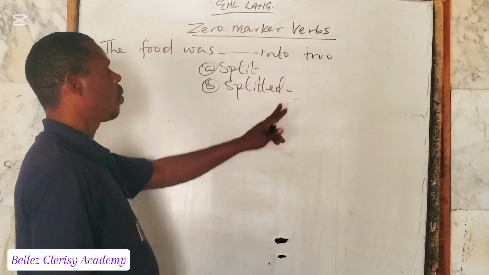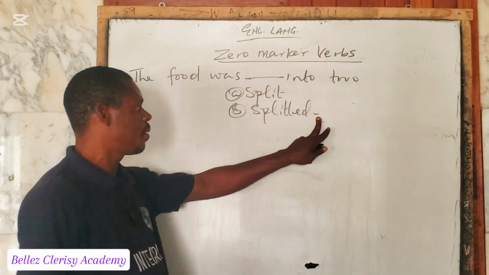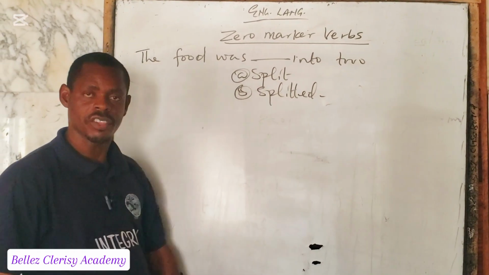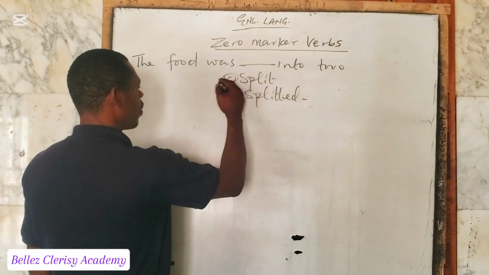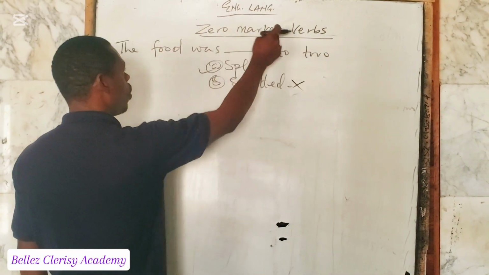And I'm here to tell you now that the word splitted does not exist in English because split as a verb is a zero marker verb.